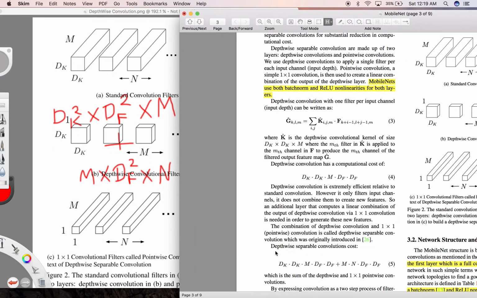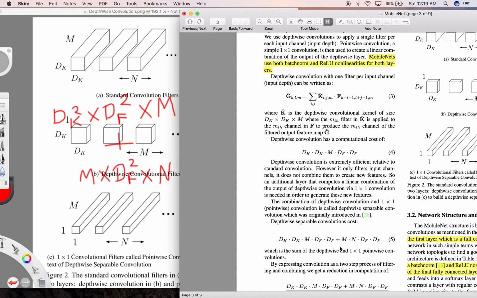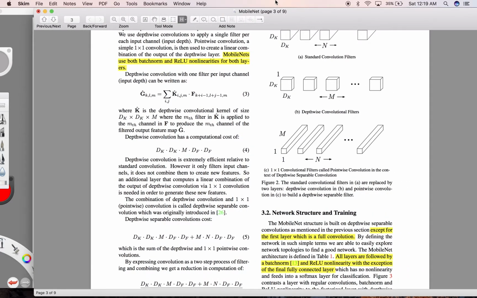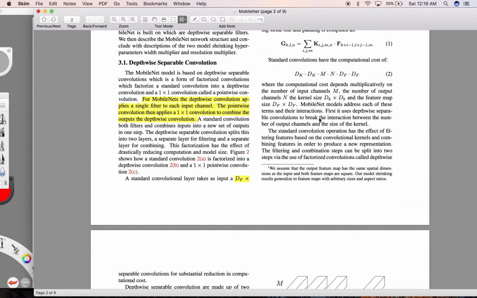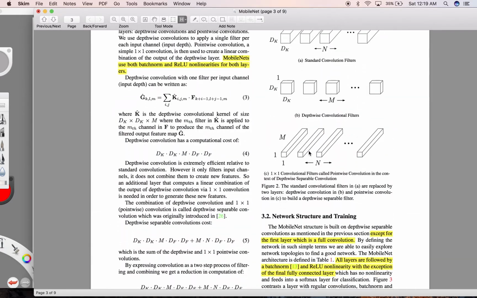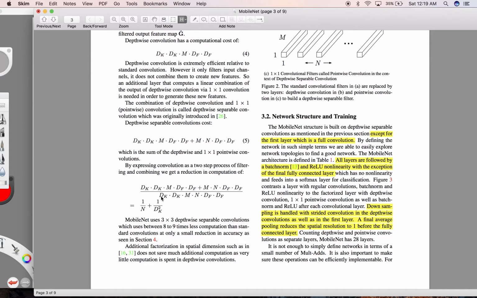So he says that the depthwise separable convolution costs dk squared times df squared times m plus the cost for the pointwise, which is m times df squared times n, right? And so now he takes the ratio of the operations that we do for depthwise separable and for just the regular convolution. So as you can see, he's divided them, and this is the ratio that he gets.